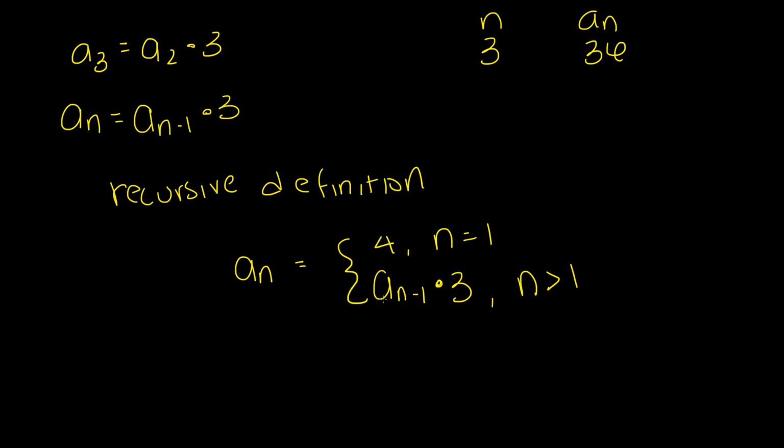Okay, let's look at another example. We are given the sequence 12, 9.6, 7.68, 6.144. We need to determine: is this a geometric sequence? It looks like it's counting downward.